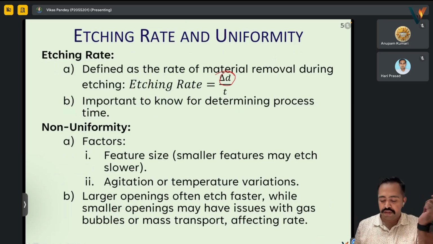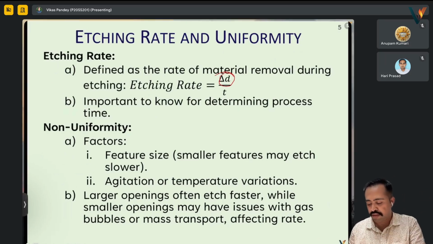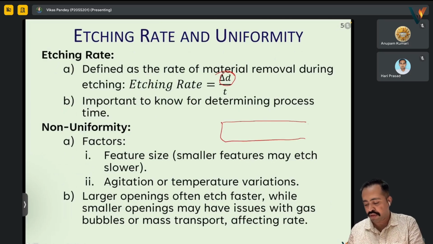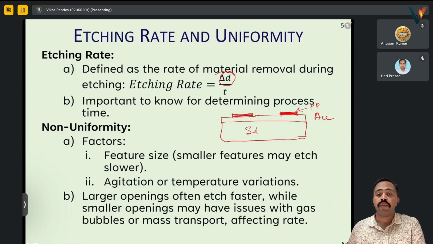Say we had a wafer on which we deposited, say, gold, and then we made some pattern of PR using lithography, and then we are removing this. While removing, we will cut out this portion in a sense and remove it.